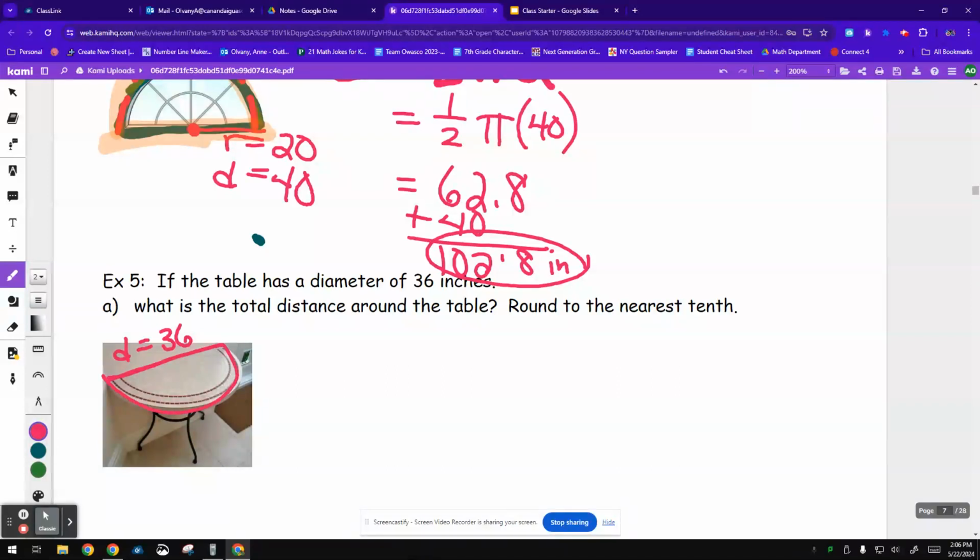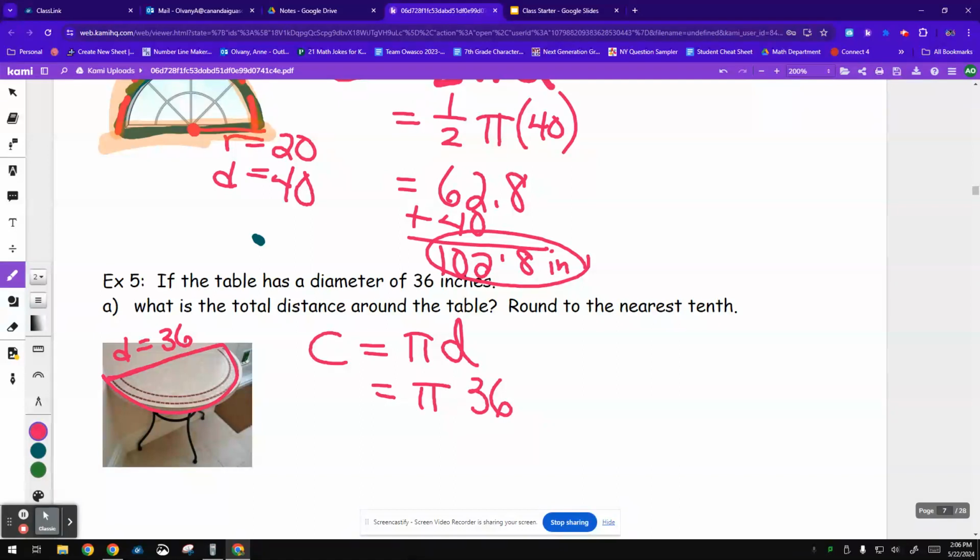What formula, Liam, tells me all the way around? You got it. Do I know the diameter, Brooklyn? All right, so I'm going to do pi times 36.